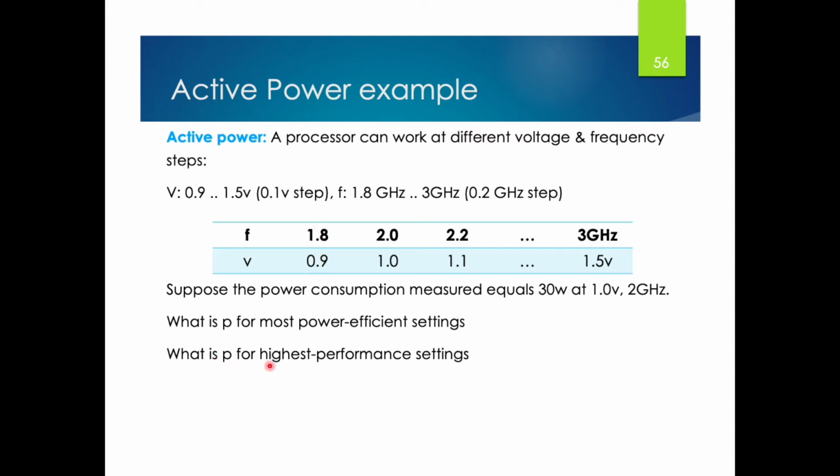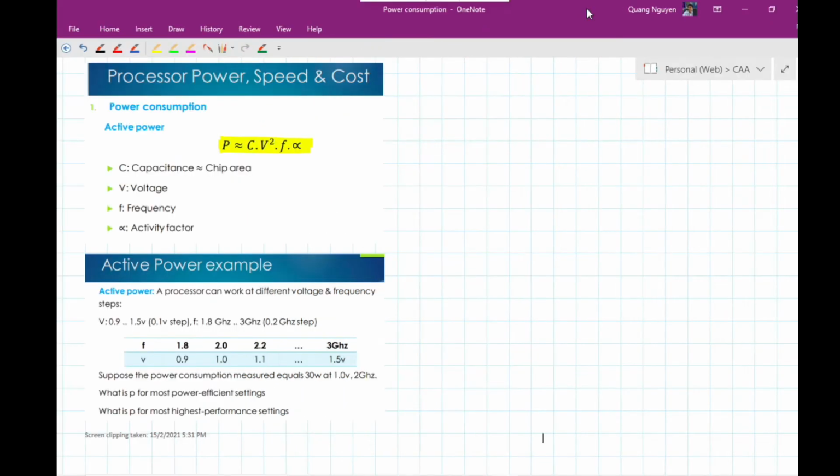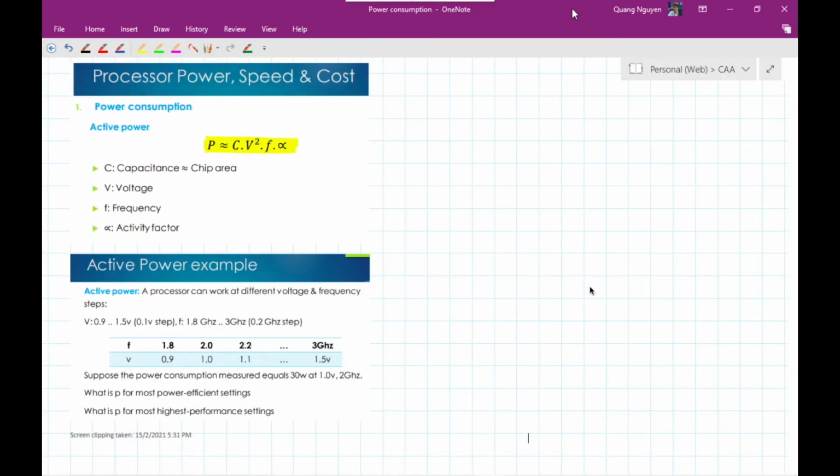That means at this level, the CPU will work at a frequency of 3 GHz and the voltage is 1.5 volts. Okay, now we will calculate together on this board. From the formula on the left, we have P equal to C, capacitance, V squared, F, and activity factor.